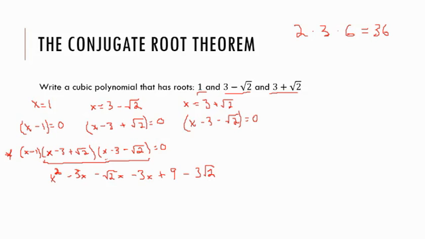Okay. Now, finally finishing up here with square root of 2. Square root of 2 times x is going to give me positive square root of 2 times x. Square root of 2 times negative 3 is going to give me negative 3 times the square root of 2.